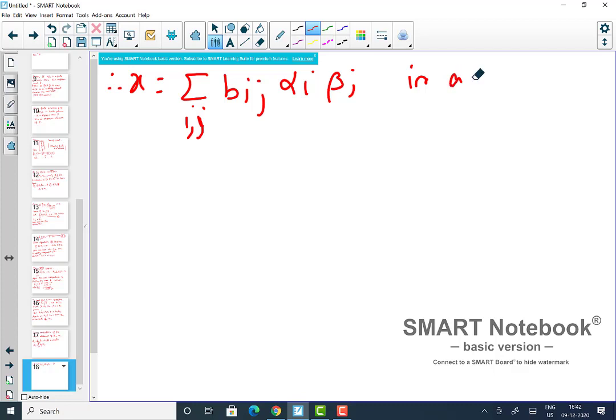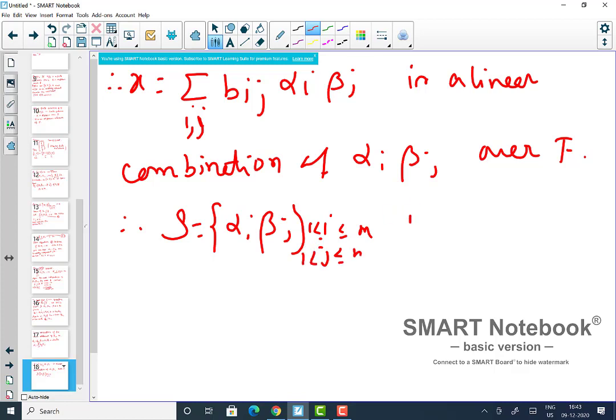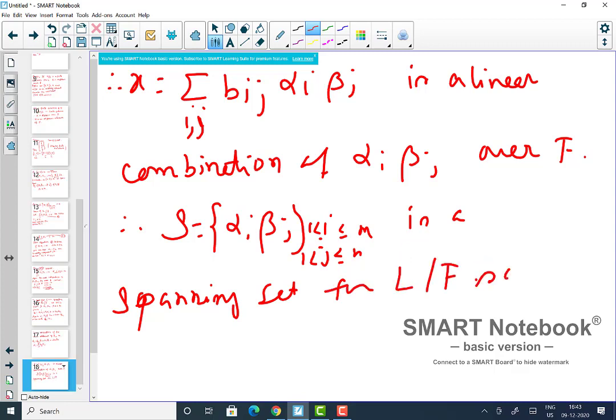is a linear combination of alpha_i beta_j over the field F. Okay, thus this set S, alpha_i beta_j, i less than or equal to n, j less than or equal to n, is a spanning set for L over F. So spanning set, what does that mean?